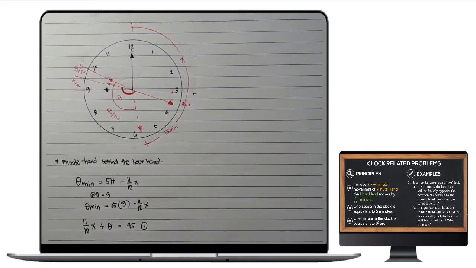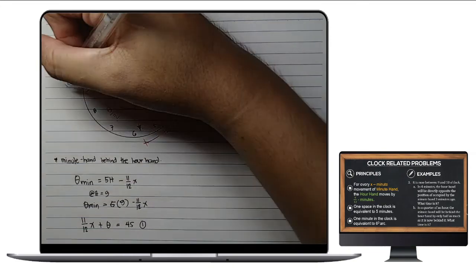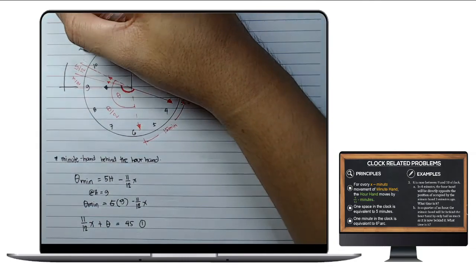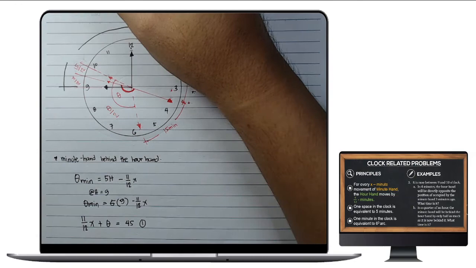Okay? Then, let's form another set of equations. So, again, same with the problem that we have a while ago. From this point, going to this point. Okay?